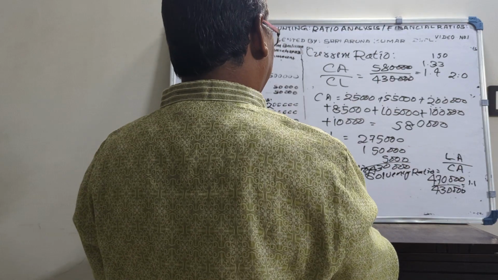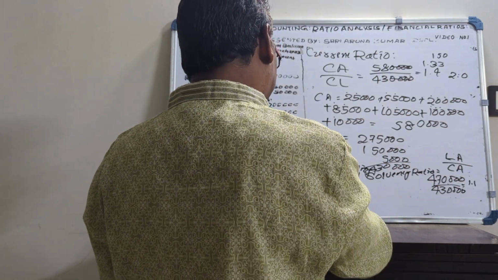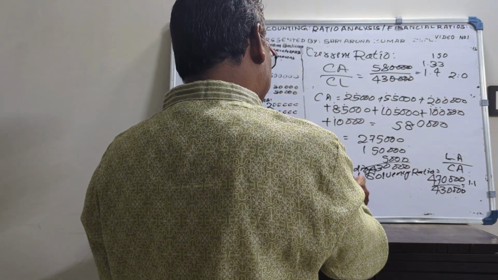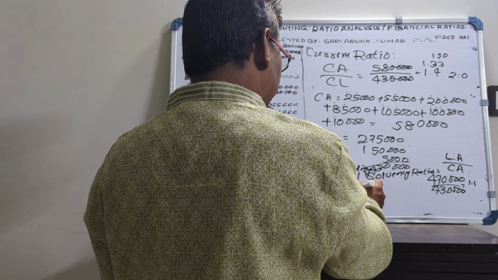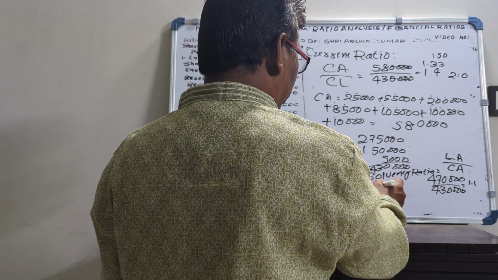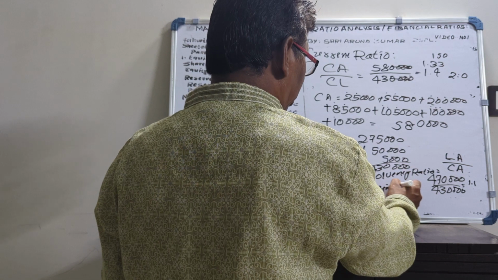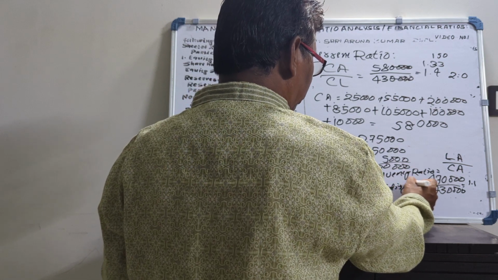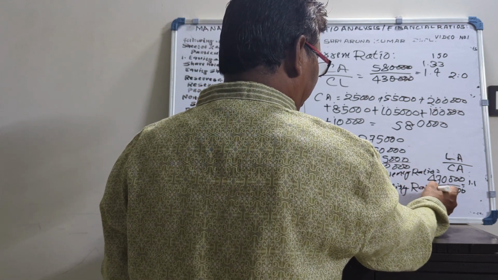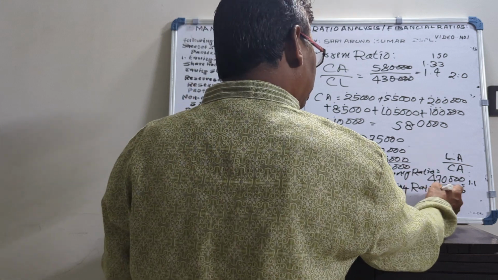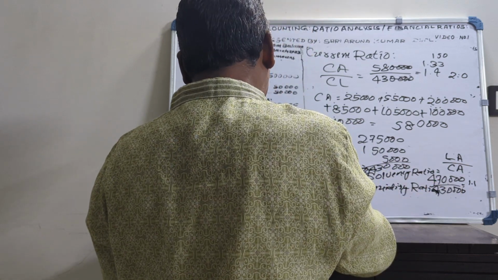Then absolute liquid ratio. Absolute liquid ratio means it includes only cash in hand, cash at bank.